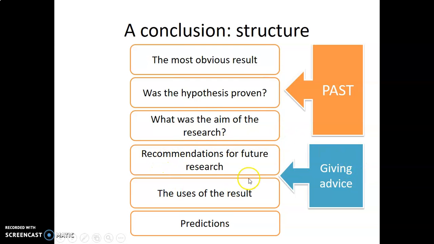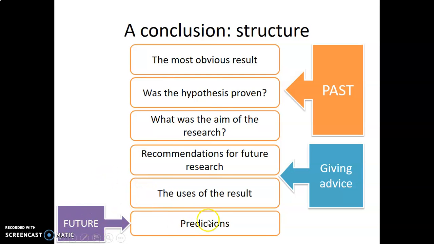Then you have recommendations for the future, the uses of the result, and giving advice to people who can use this information. You use the language of giving advice. Remember in Unit 1, you covered that. Yeah, there are different ways how we can recommend something to someone.